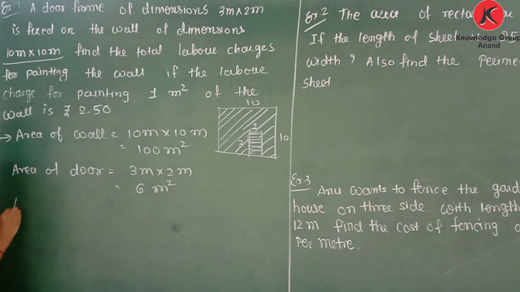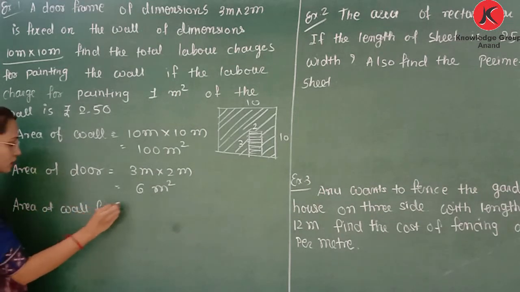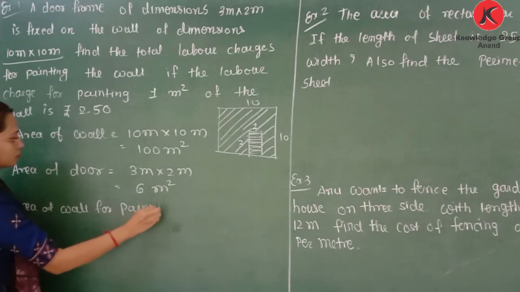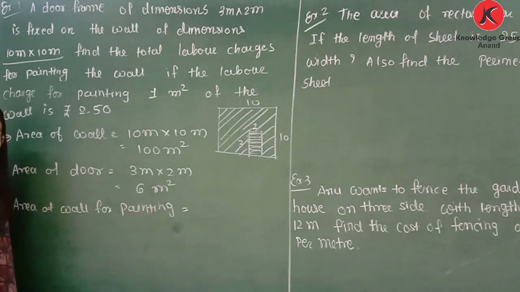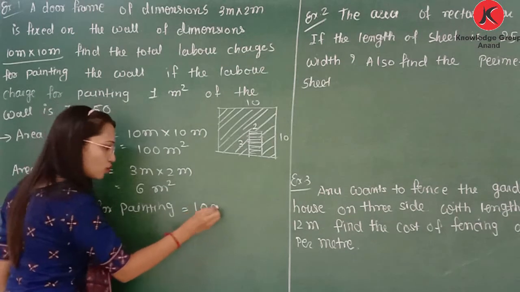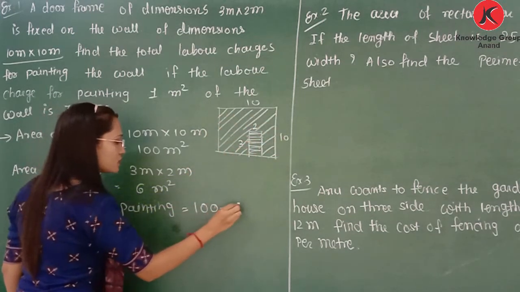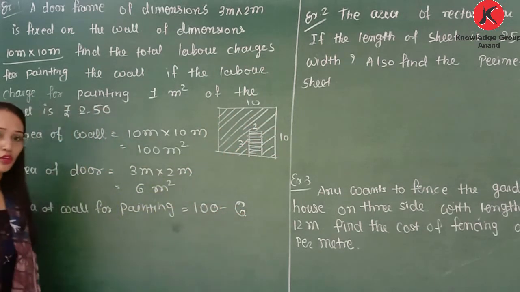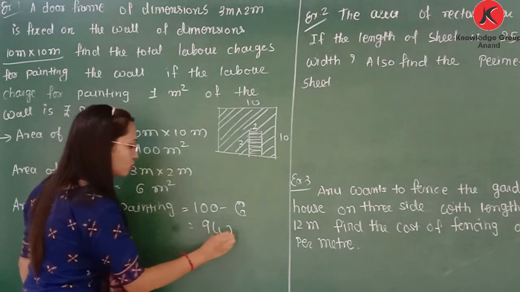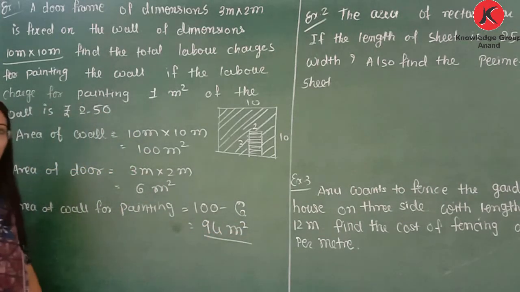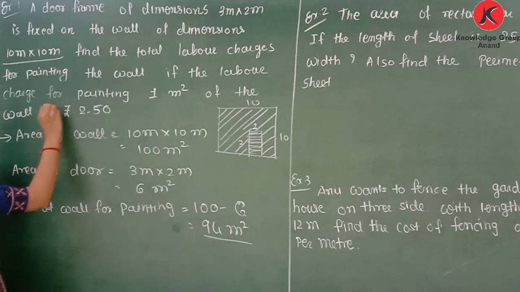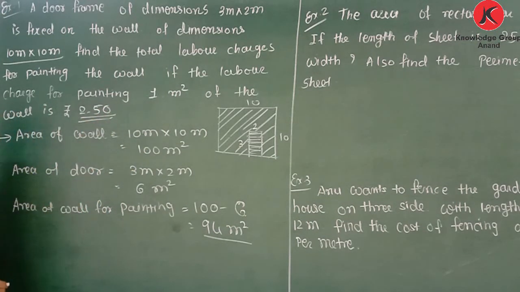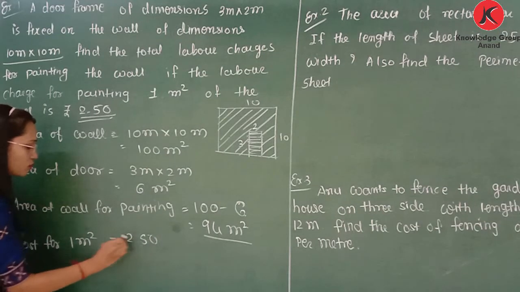So for painting, how much area do we need to paint for the wall? That is the total area of the wall minus the area of the door. So that is 94 meter square. So this much area we need to paint. But here the cost for 1 meter square is 2.50 rupees. So we can write the cost for 1 meter square is 2.50 rupees.